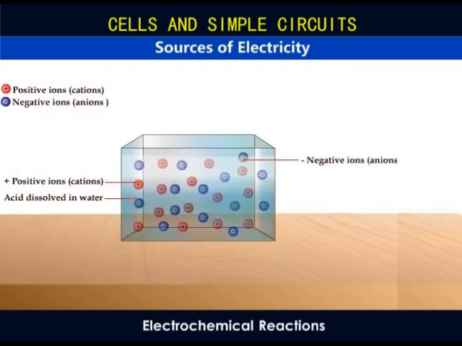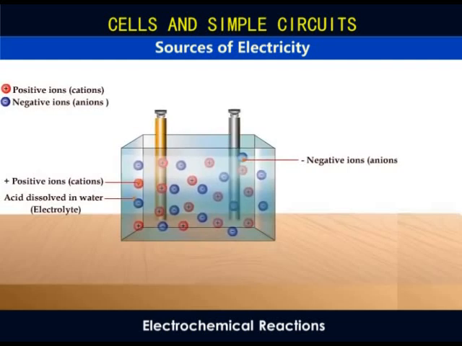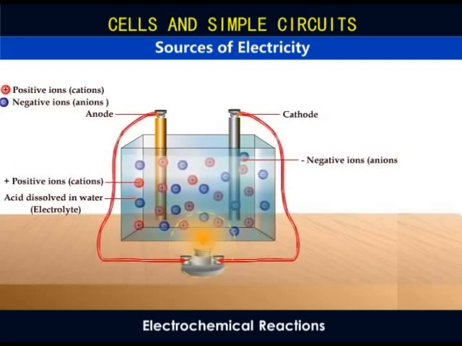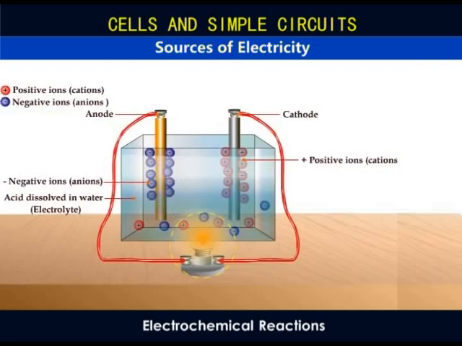These types of solutions form the electrolyte of a cell. Metal rods immersed in electrolytes act as electrodes. The positive electrode is called the anode, and the negative electrode is called the cathode. These electrodes attract oppositely charged ions, resulting in flow of electrons. This is called a chemical cell.